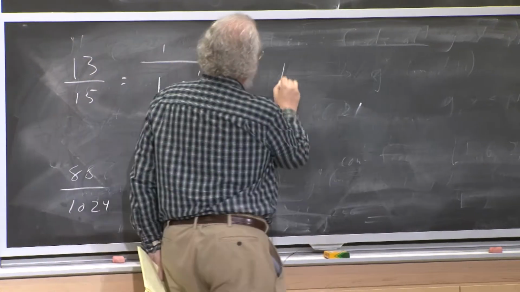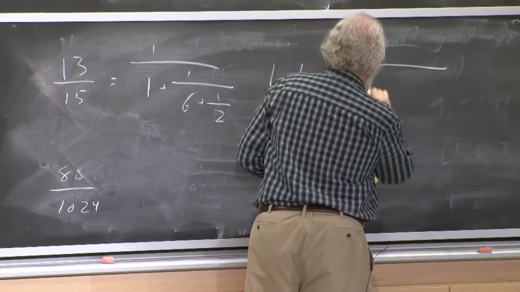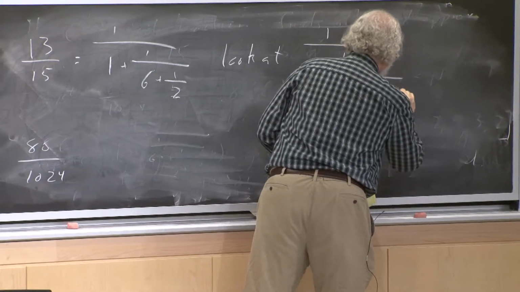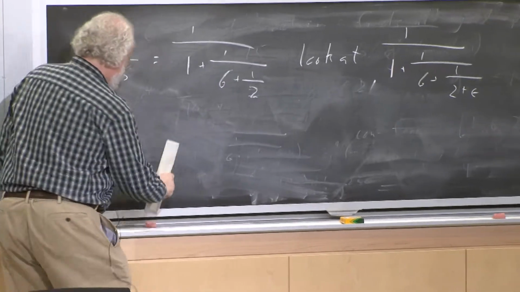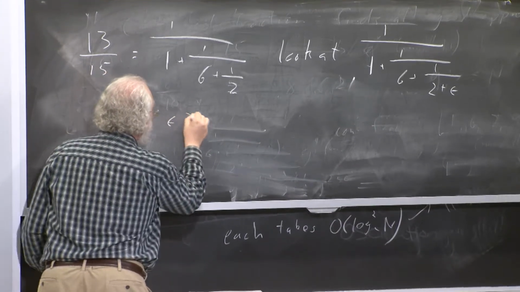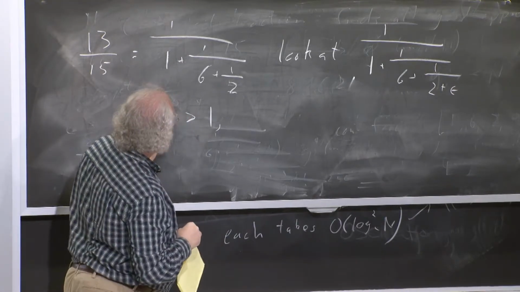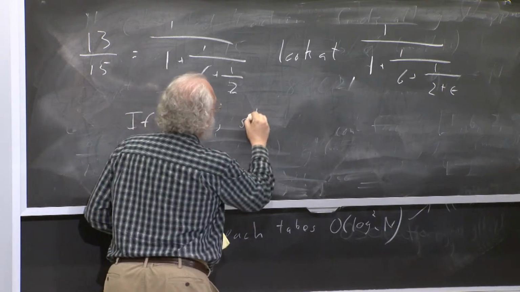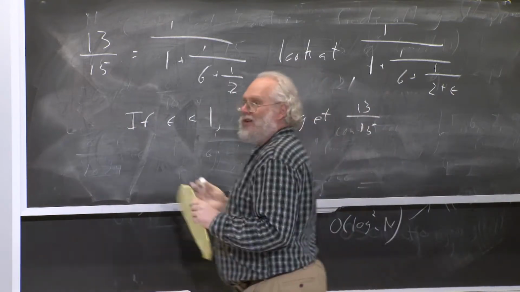So let's look at 1 over 1 plus 1 over 6 plus 1 over 2 plus epsilon. If epsilon is less than 1, we still get 13/15 as a convergent.